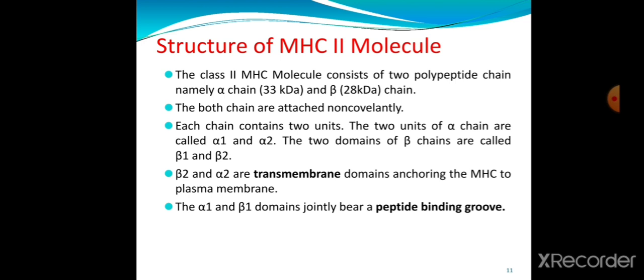Between alpha 1 and beta 1 there is a space, that is the antigen binding site. In MHC class first, the space where antigens bind is different.